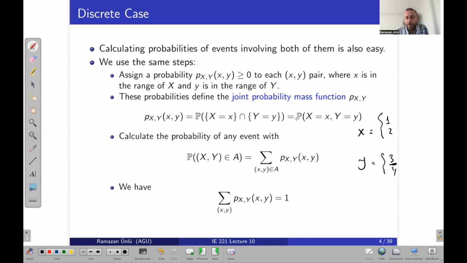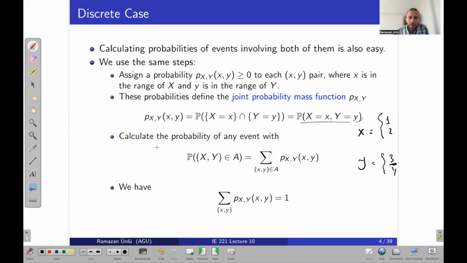In other words, we represent the joint PMF as the probability that capital X is equal to x and capital Y is equal to y.